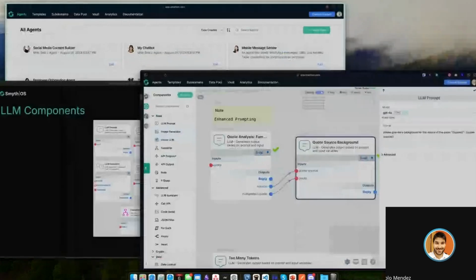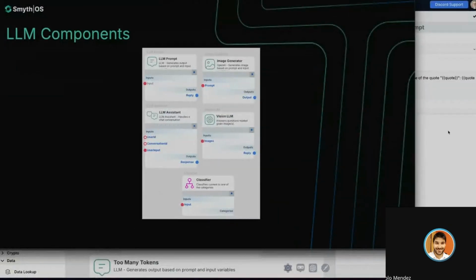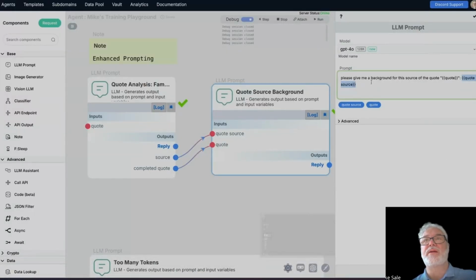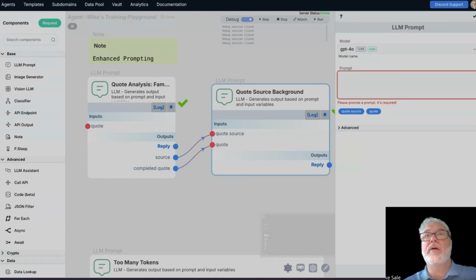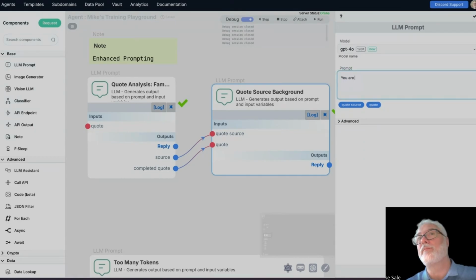Maybe start with context. Sure. So what will we do for this particular thing in terms of giving it context? Let's give it, first of all, a persona on how to approach this.